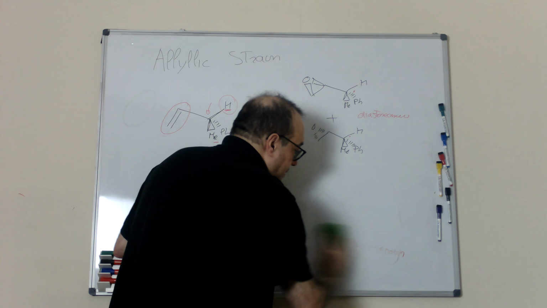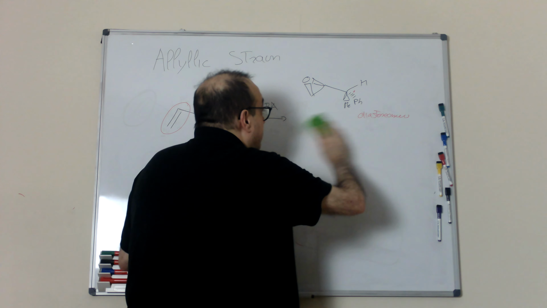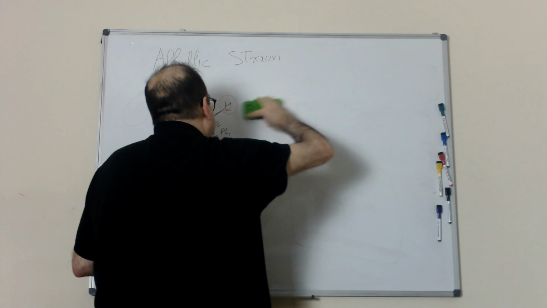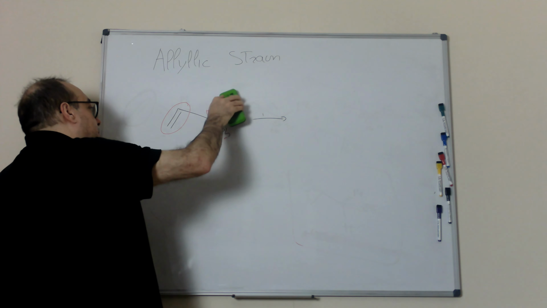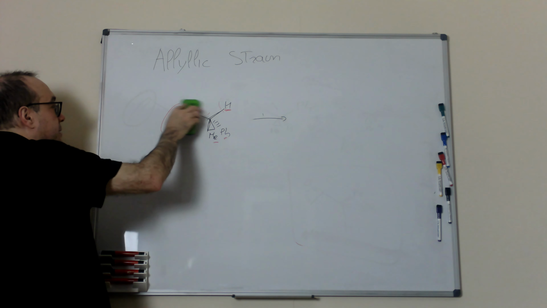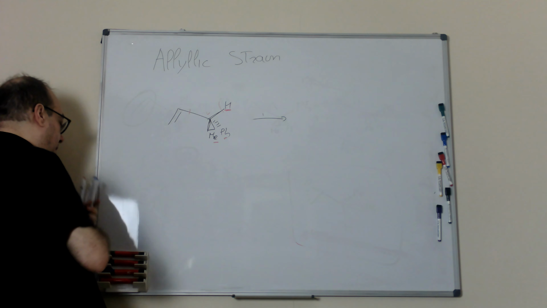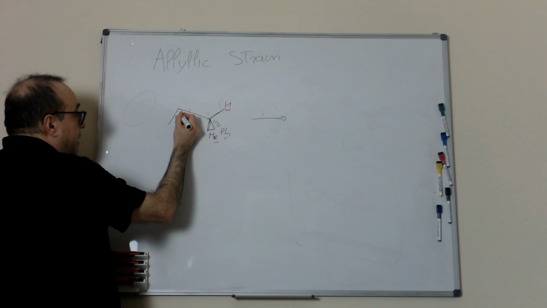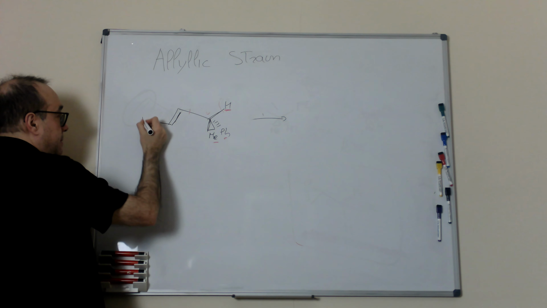It's very easy, but we can consider some other things, for example, what is the difference if I am using a cis or a trans alkene?